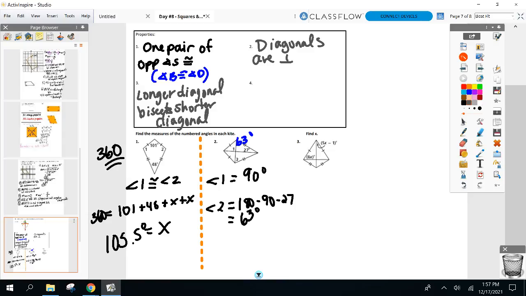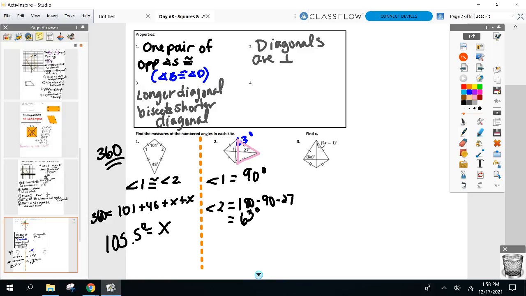So you're just assuming they bisect each other. Okay, well, you are correct, but here's how I get there. When I draw the shorter diagonal in, what type of triangle did I just highlight? Aren't both of them isosceles, right? And then you guys definitely know what's across from the congruent sides.